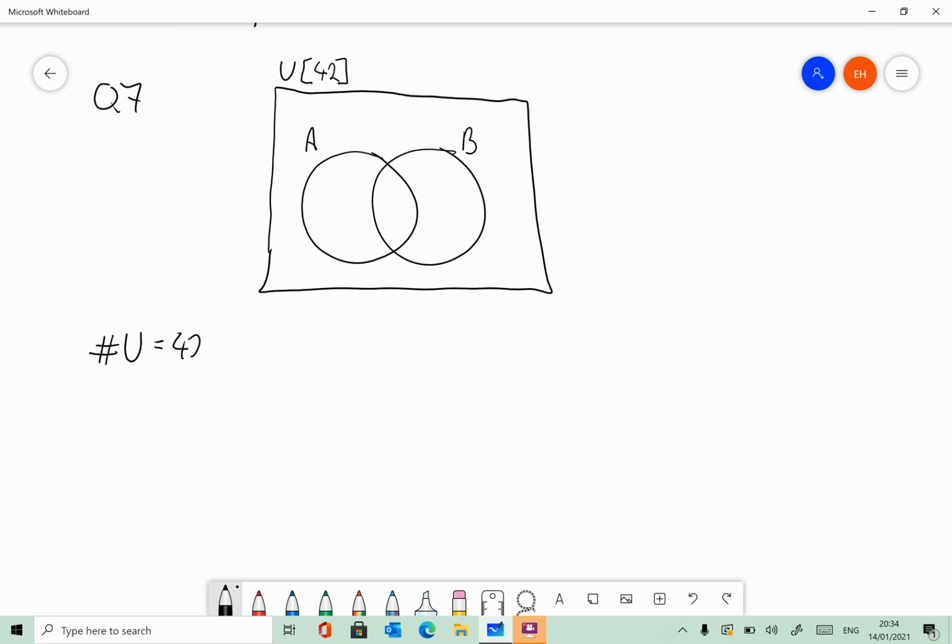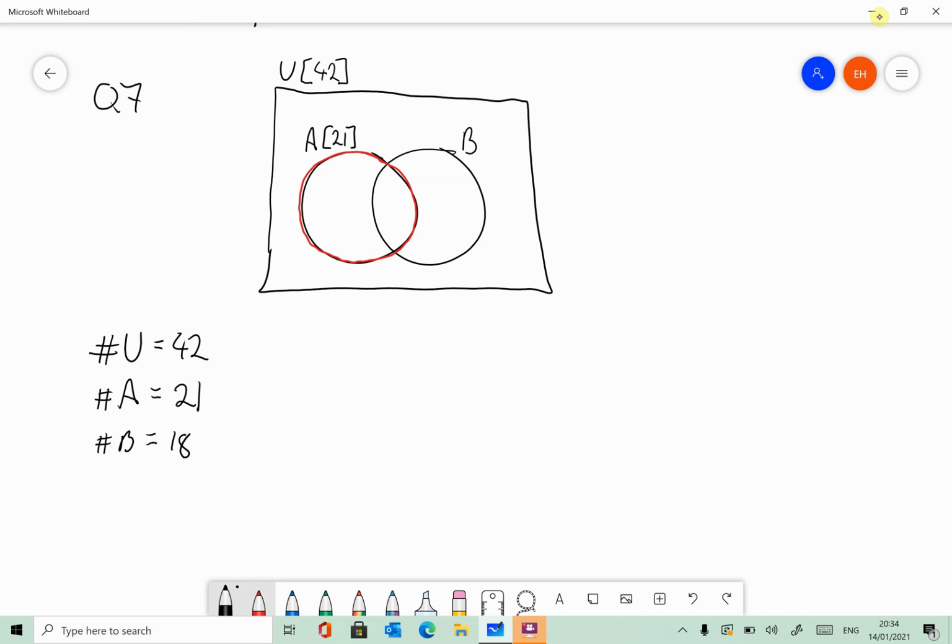Now, the size of A, or cardinal A, equals 21. That means in this red circle, there are 21. So I'm going to put 21 up there just to keep that in mind. The size of B, similarly, is equal to 18.